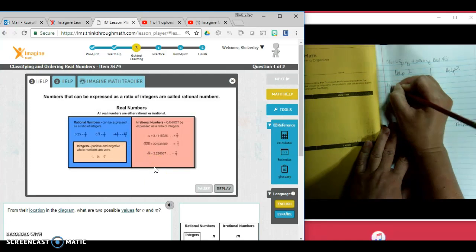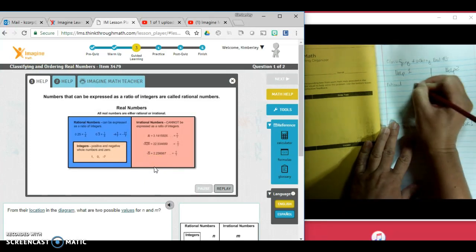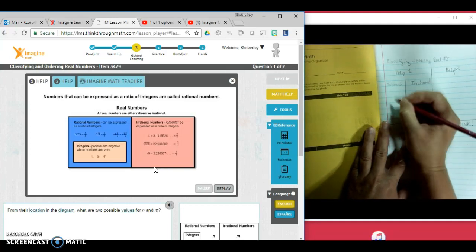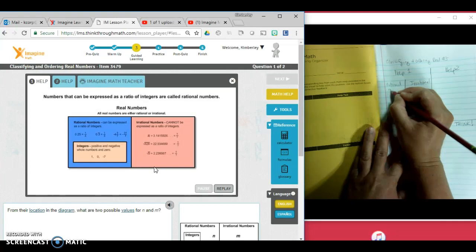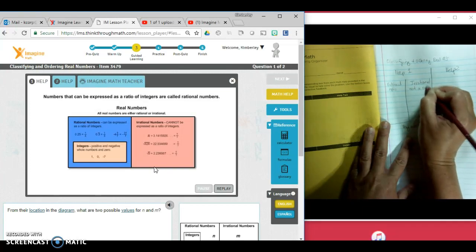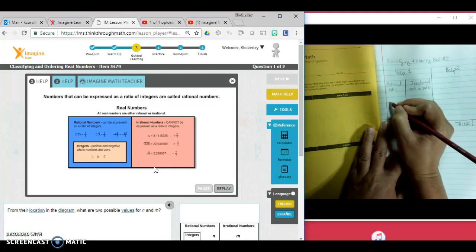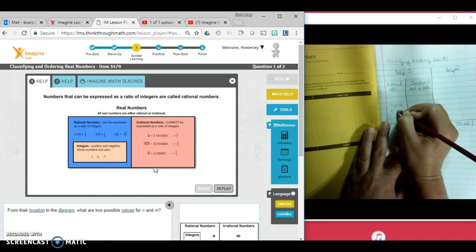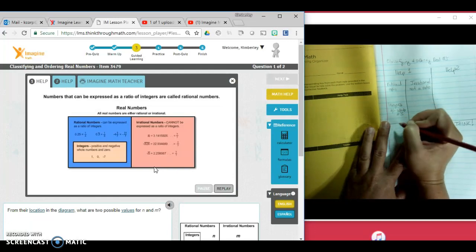So I've got rational, I have irrational. And inside, these can be written as a ratio, not a ratio. And integers are inside. So positive and negative whole numbers.